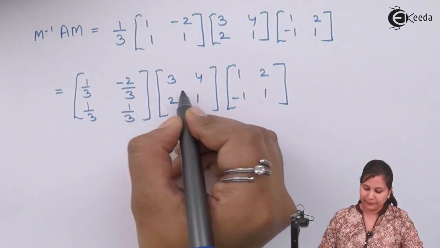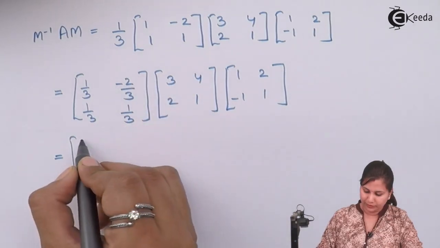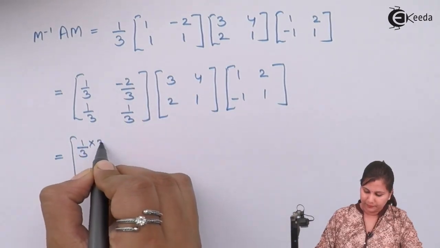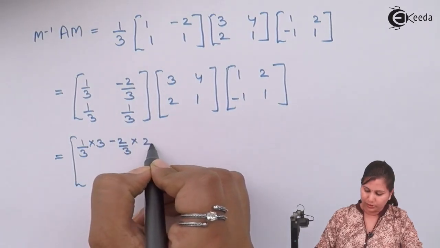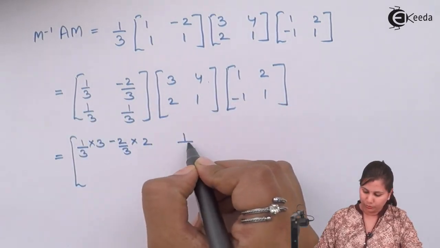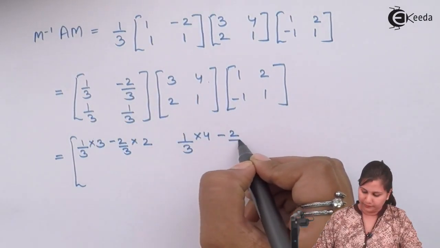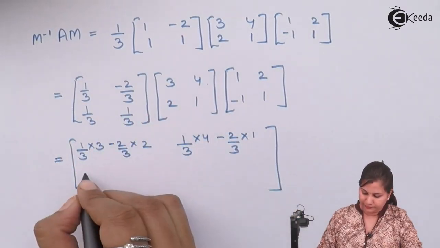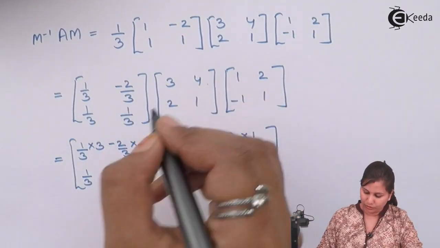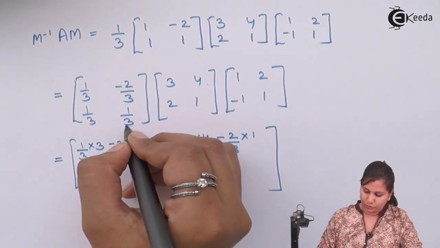First we are going to multiply these two matrices. So we will get 1 by 3 into 3 and minus 2 by 3 into 2. Then 1 by 3 into 4 minus 2 by 3 into 1. Then 1 by 3 into 4 minus 1 by 3 into 1.